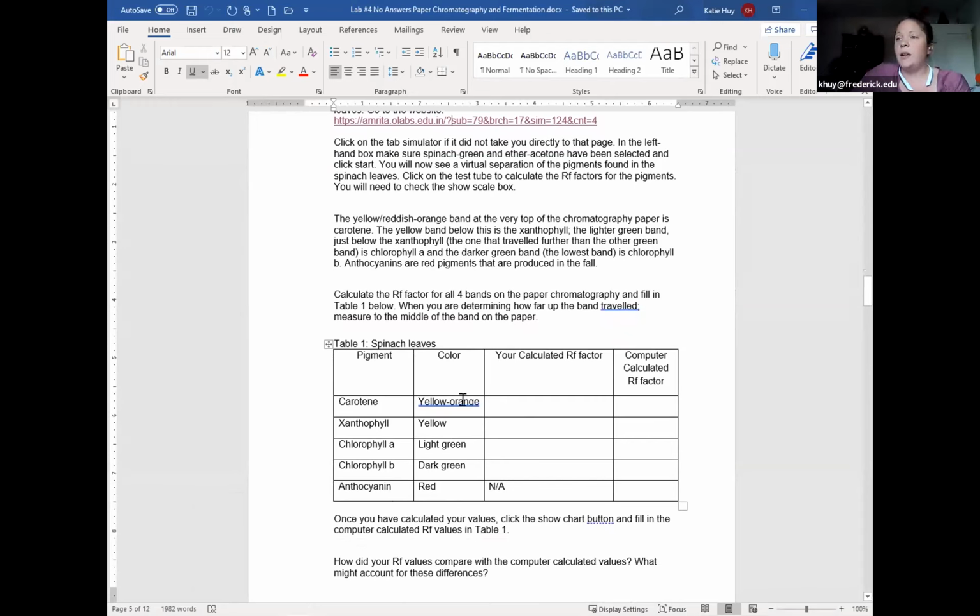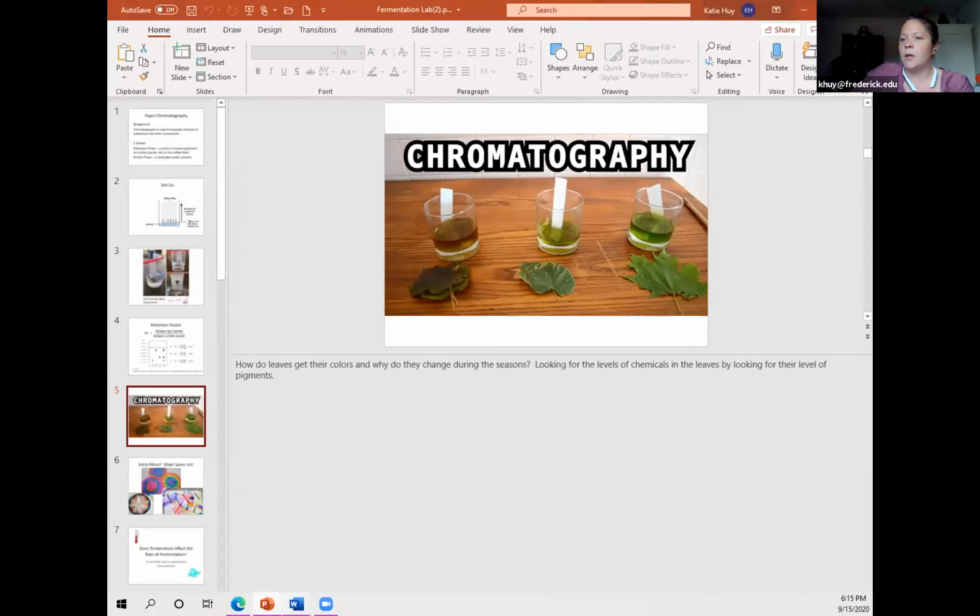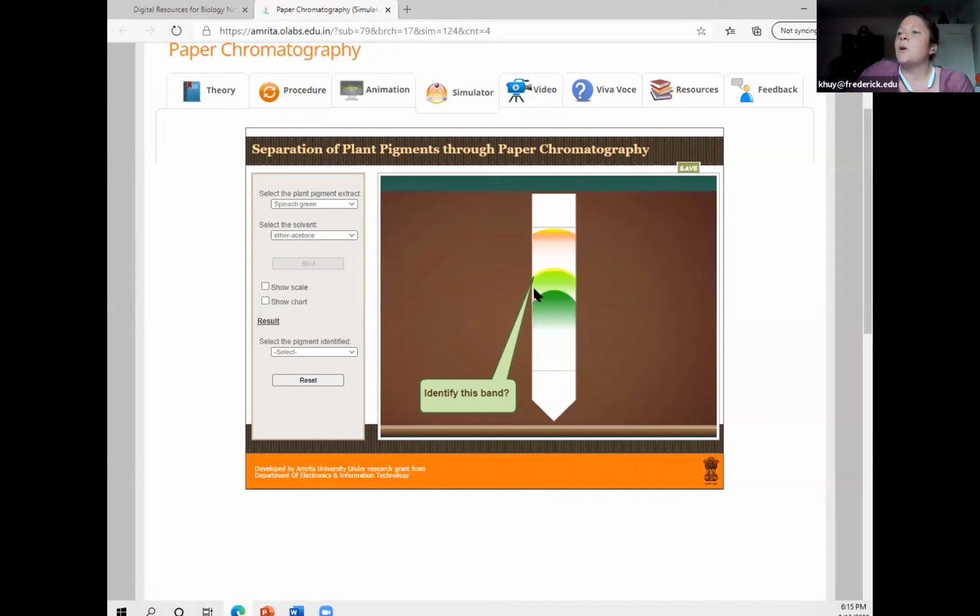So what color are we looking for? It's asking us to look for the yellow band. What is the yellow band when you're looking at the table? Can someone tell me, please?